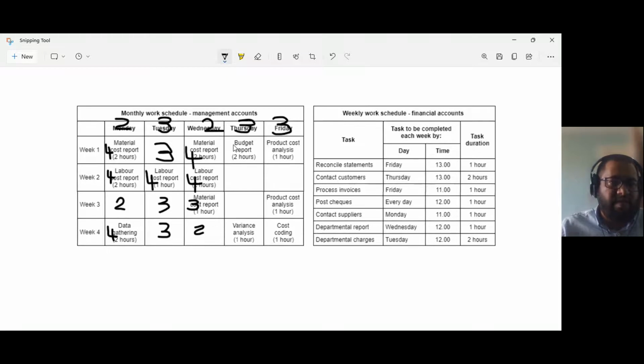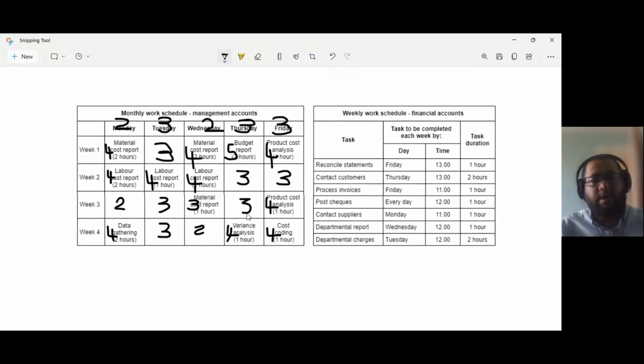And here, 5 hours here, 3 hours here, 3 hours here, 4 hours here. 3 plus 1, 4 hours here, 3 hours here, 4 hours here, and 4 hours here. So this now allows you to find out how many hours we'll be working on that particular day.